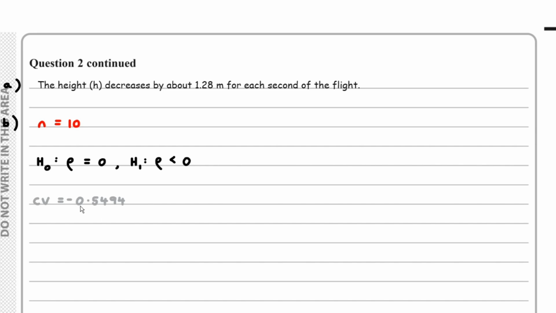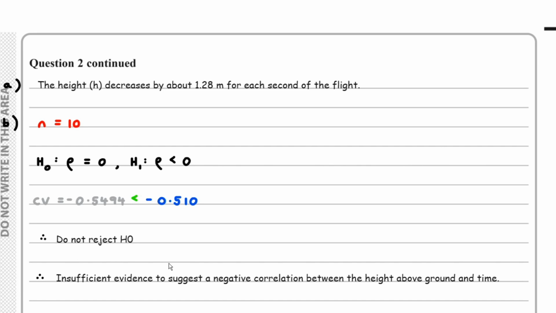Well, what you can see is this negative 0.5494 is less than negative 0.510, and therefore we do not reject H0, which means we can conclude that there is insufficient evidence to suggest a negative correlation between the height above ground and time.